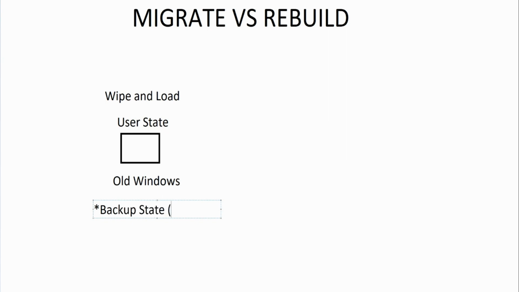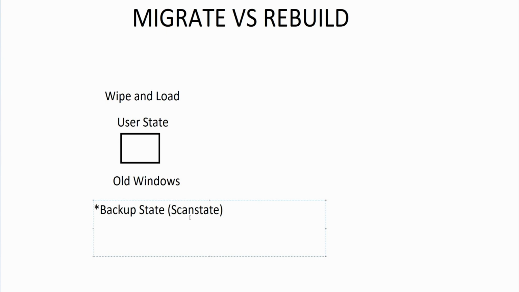This is called, in user state migration terms, a scan state. There's actually an executable called scanstate.exe that you get with the USMT User State Migration Tool, which comes with Windows ADK, Windows Assessment and Deployment Toolkit, which again is free. You download it off Microsoft's website, but I'm not getting into doing that right now. I'm just trying to help you understand these concepts first here.